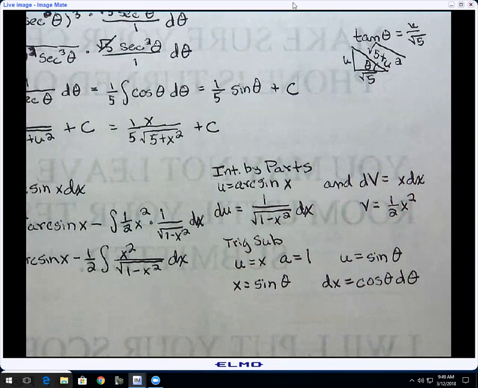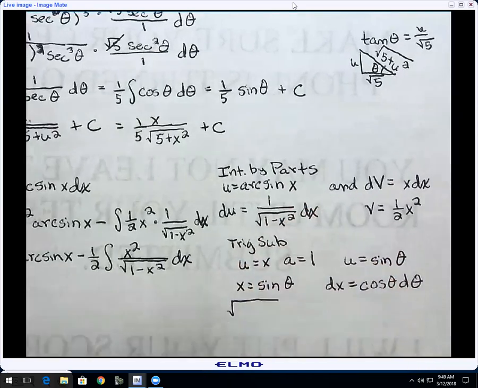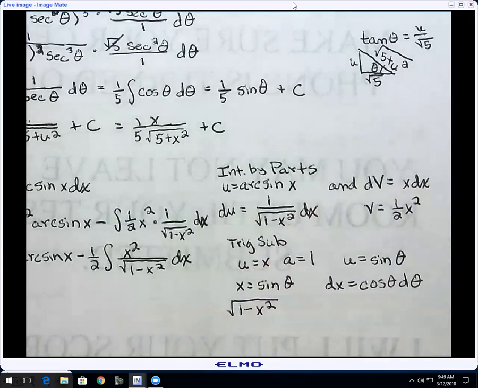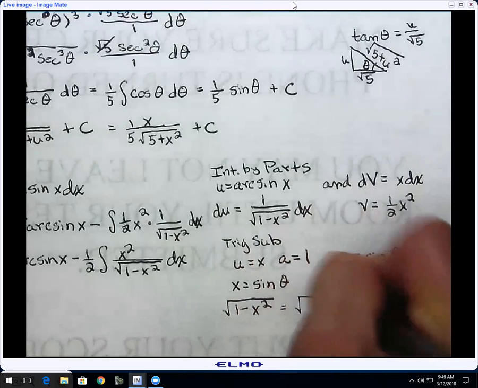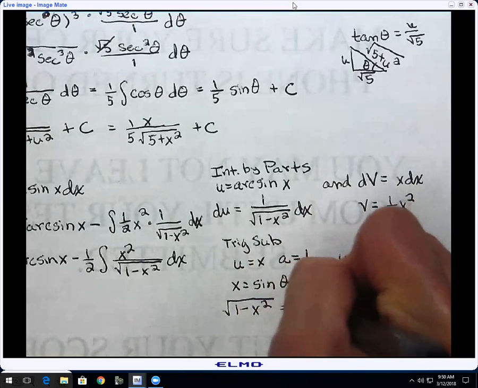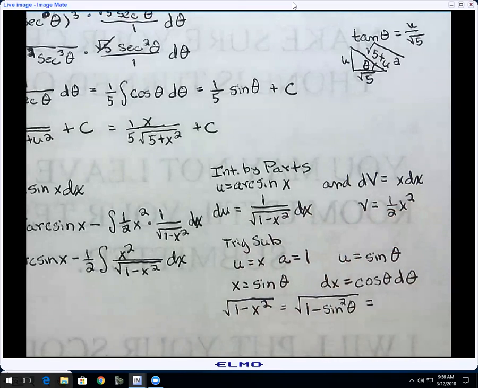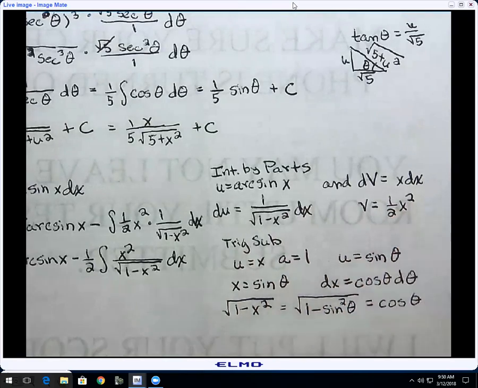All right, only one other thing I have to do over here to the side before I go back to my integral. I want to find a trigonometric expression for the radical part, the square root of 1 minus x squared. That's the square root of 1 minus sine squared, which is square root of cosine squared, which is just cosine theta.